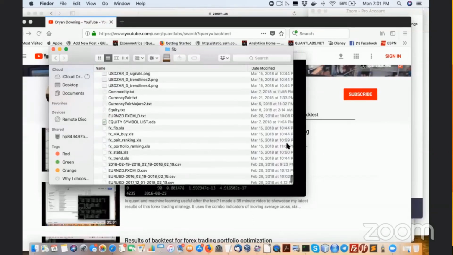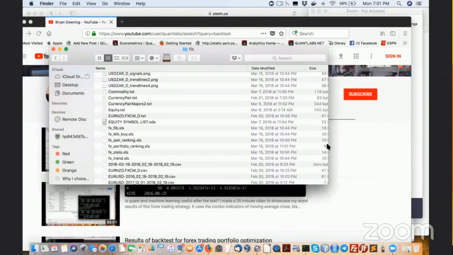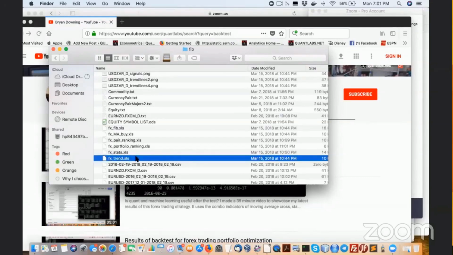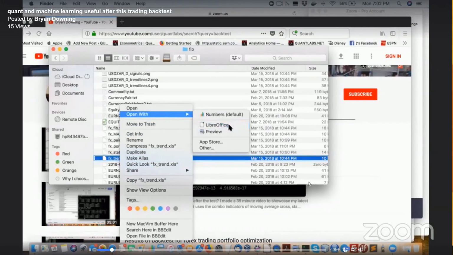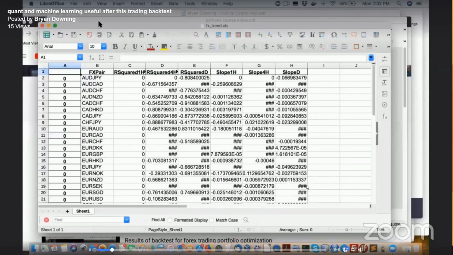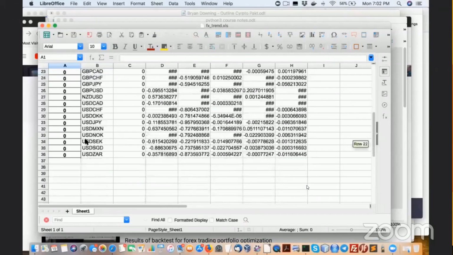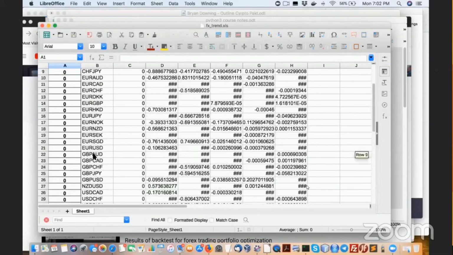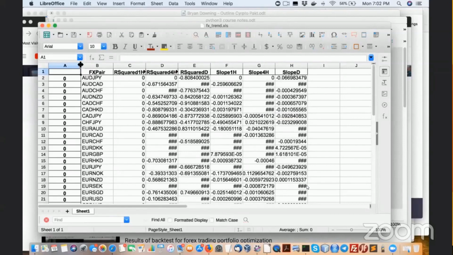Okay, here we go. So I've got spreadsheets. I was using moving average. I was using trend. Let me just show you that spreadsheet now. You're not going to see Excel; you'll see LibreOffice. And I've got 35 pairs as part of this analysis.